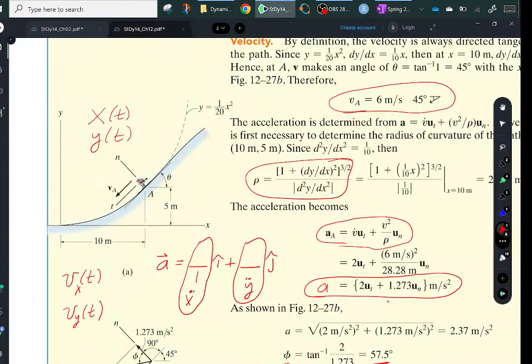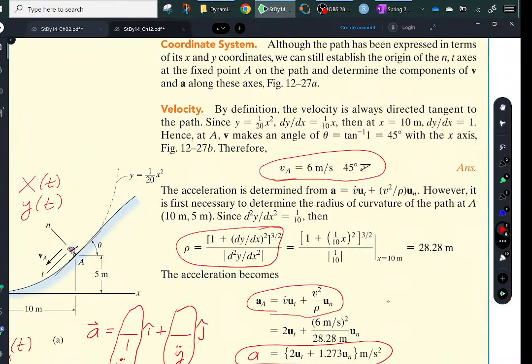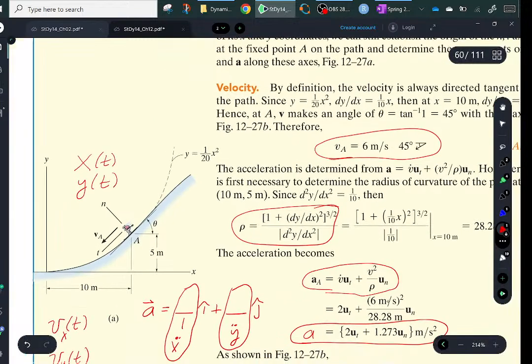And so, in fact, if you notice, okay, so if this is a special case, but he says by definition the velocity is always directed tangent to the path. So in other words, he's saying find that, and this is the velocity, it's tangent to the path.